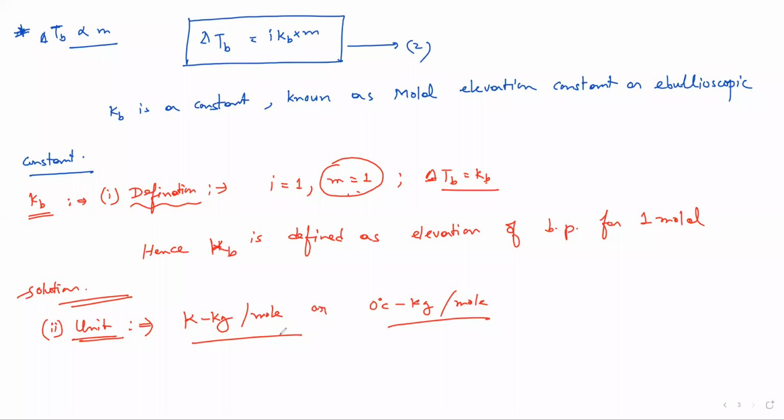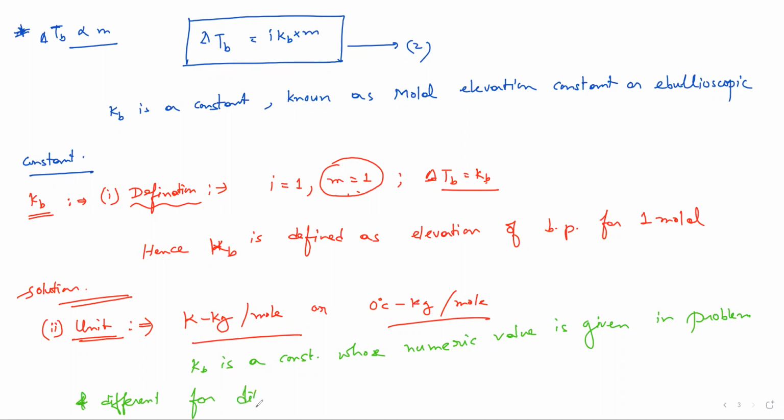And Kb is a constant whose numeric value is given in the problem, and it is different for different solvents. Okay. Is it clear?